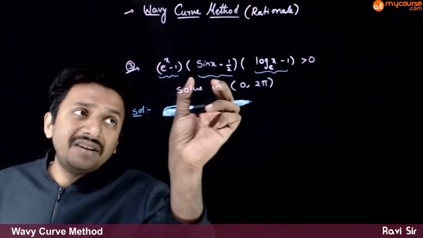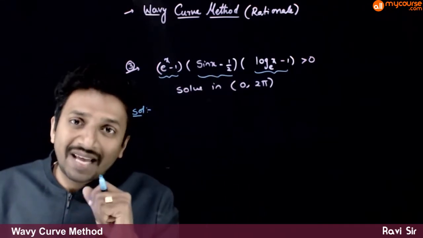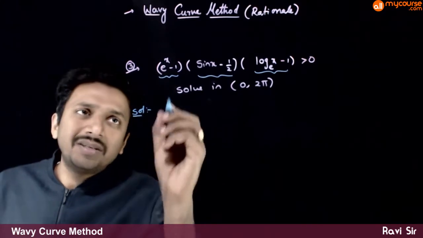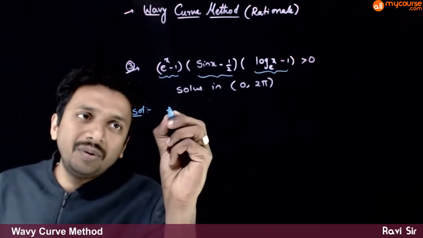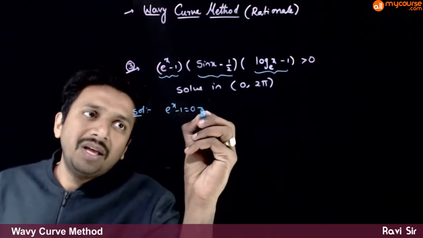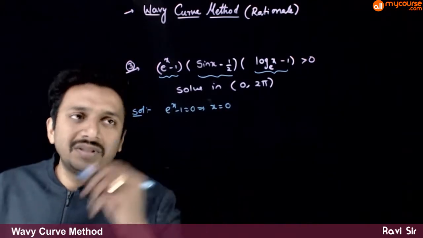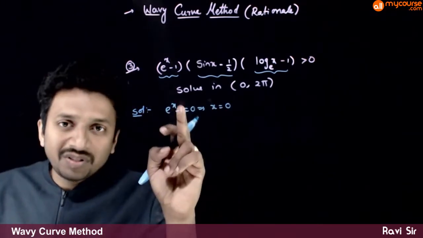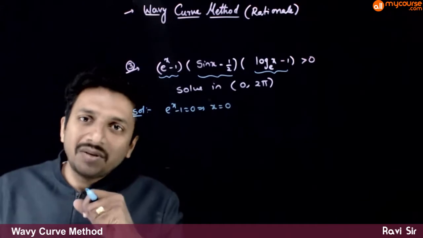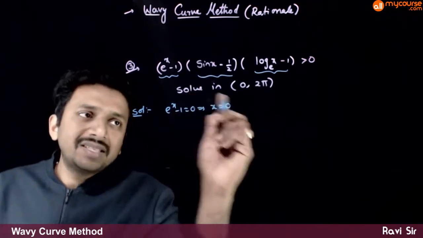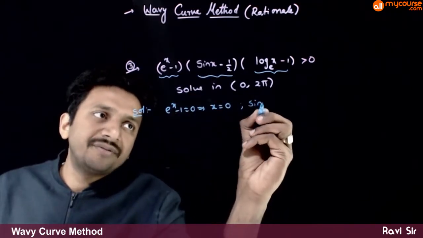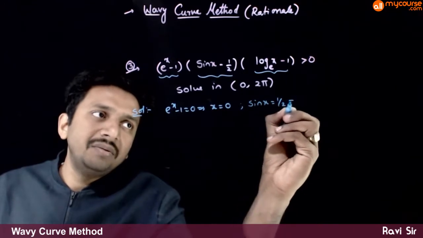First, let us identify the critical points. e^x minus 1 is equal to 0 implies x is equal to 0, right? Because e^0 is equal to 1. So x is equal to 0 is a critical point. Next, sin x is equal to half.